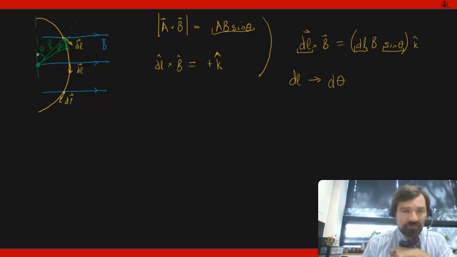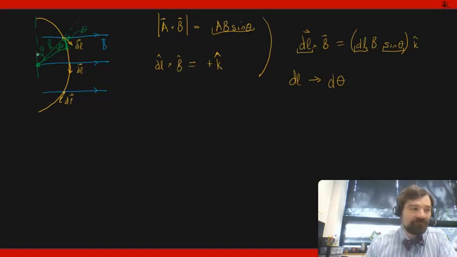Well, geometry tells us that this angle between the B field and the dL is also going to be a theta. So in other words, this angle and this angle have to be congruent with each other. So what does all that get for me? Well, I can see that my dL must be equal to an r d theta. So now I've converted my dL into a d theta.